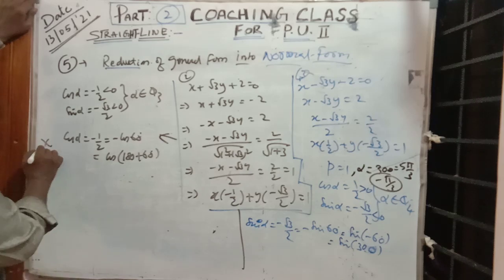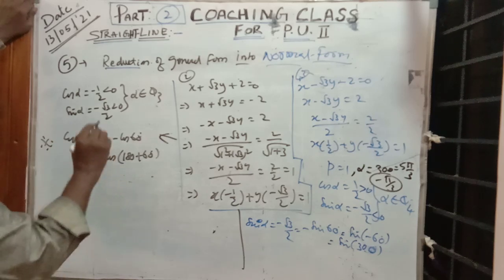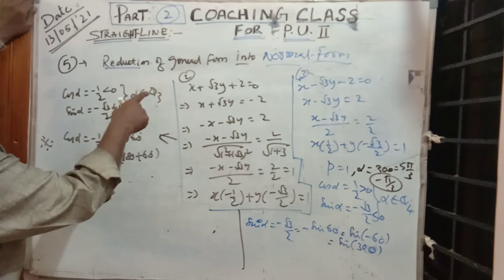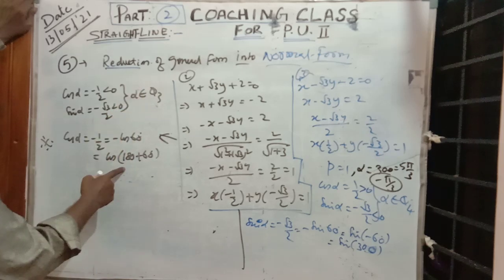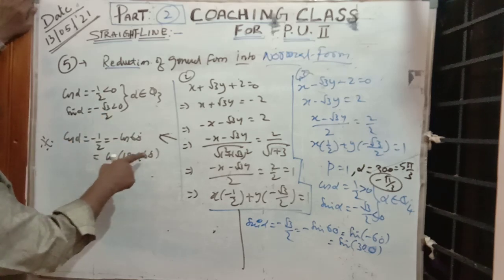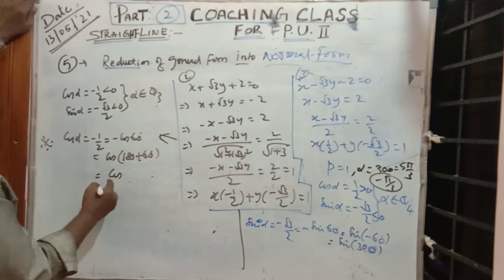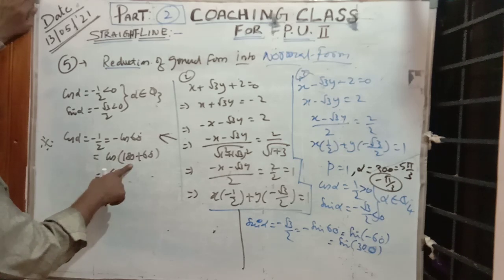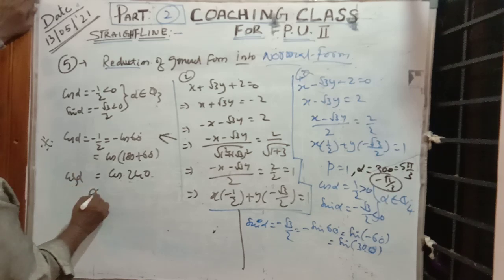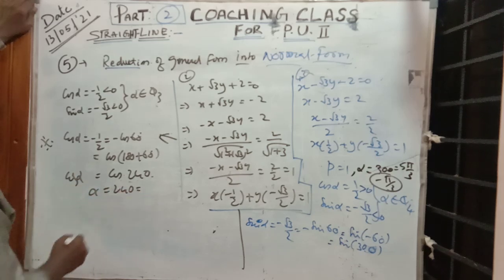It is cos of 180 plus 60. Alpha is in the third quadrant. Of course, if it is asked in the second quadrant, at that time we have to write 180 minus 60. 180 plus 60 means it is 240. So alpha is equal to 240.